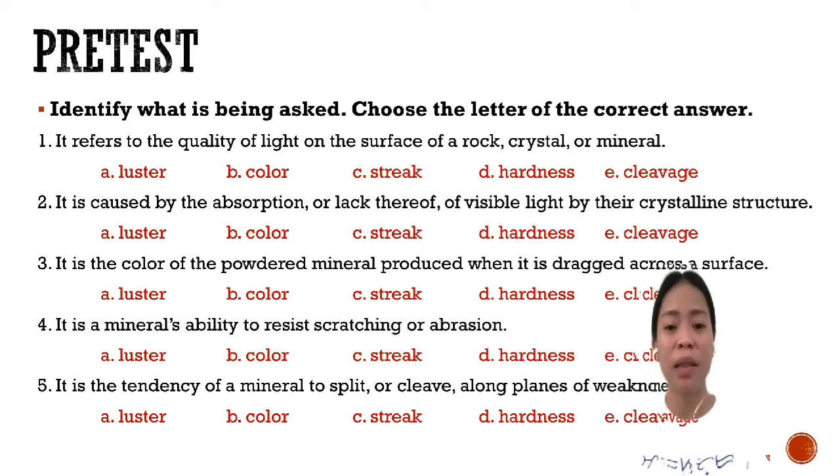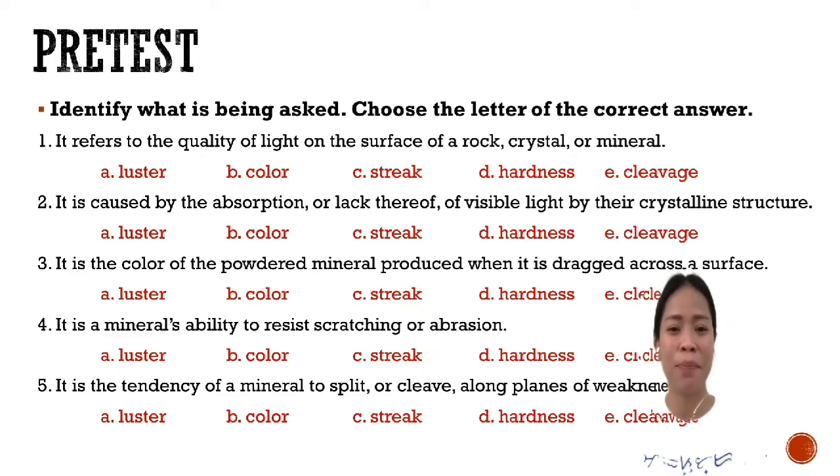It is a mineral's ability to resist scratching or abrasion. Choose from the following options below. And number 5. It is the tendency of a mineral to split or cleave along planes of weaknesses. Choose the correct letter.